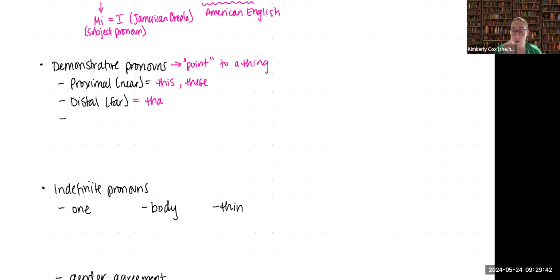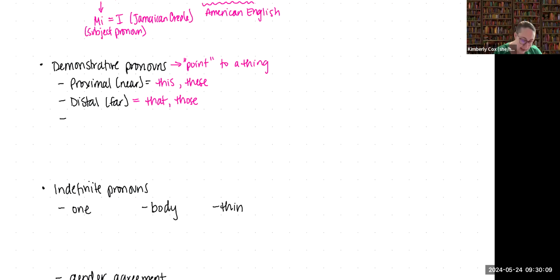Like that thing over there, or those, right? Those things far over on the other side. So they are a ways away. So when we're looking at demonstrative pronouns, they point to specific objects and they have to do with how near or how far they are.